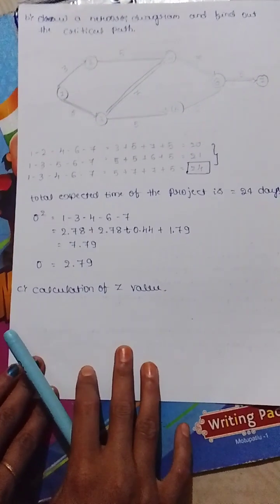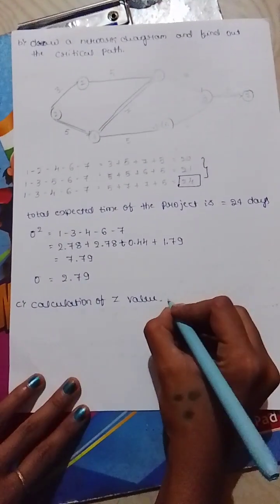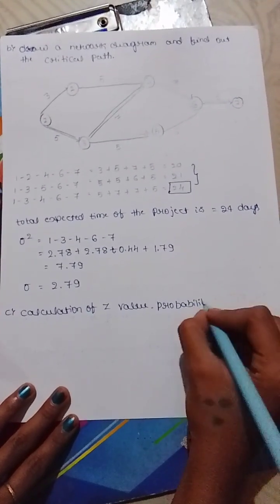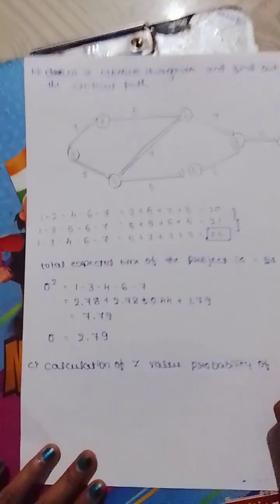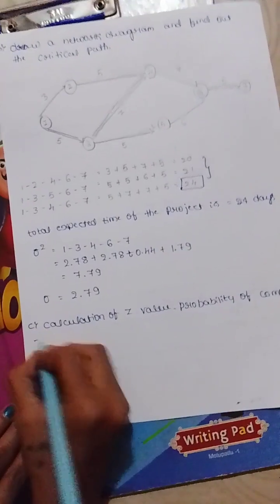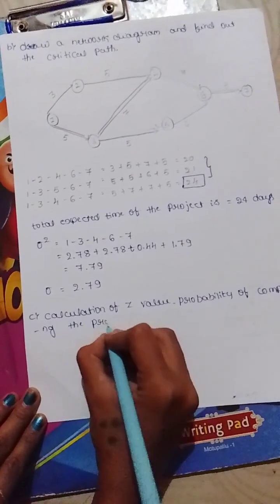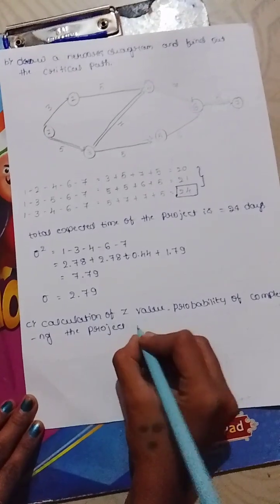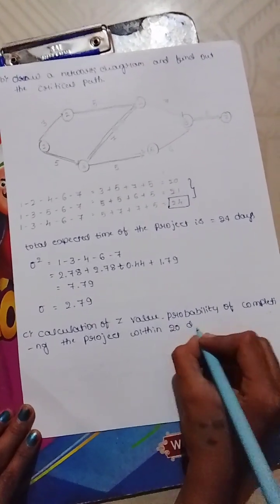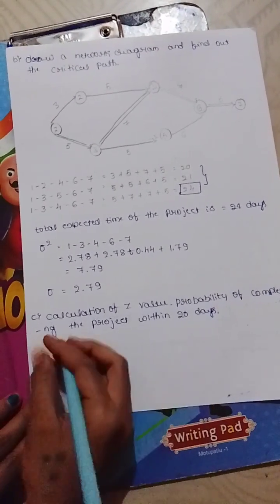Point C is calculation of Z value and probability of completing the project within 20 days. For calculation of Z value, there is one formula.